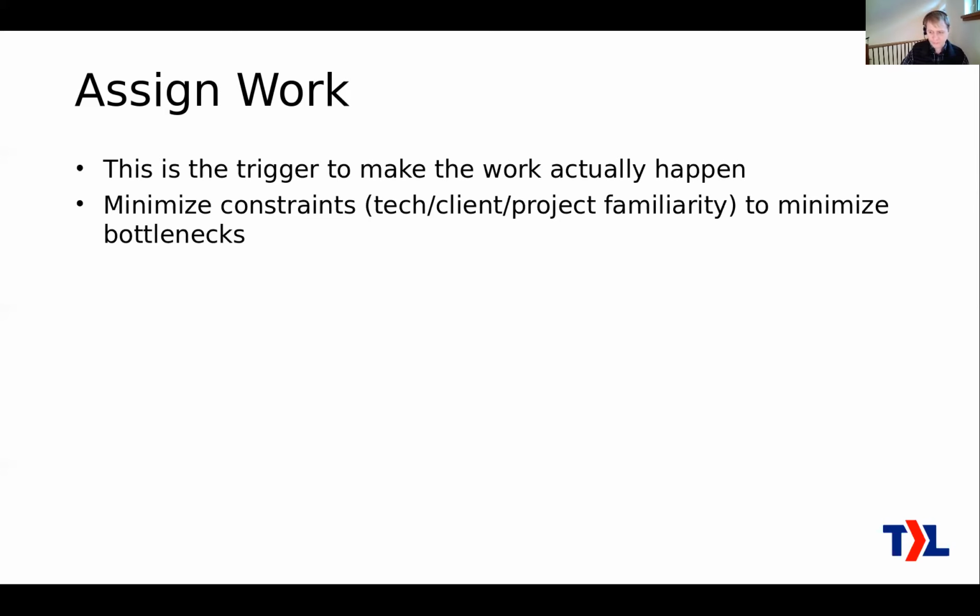But it could just not be senior folks. It could be that only maybe one of your people is actually familiar with this customer at all, or this project or whatever. That can lead to bottlenecks too. That restricts how fast your whole team can work if a lot of the work needs to go through 1 or 2 people instead of being able to spread it out evenly.